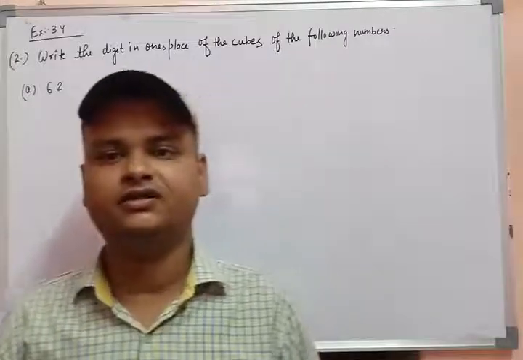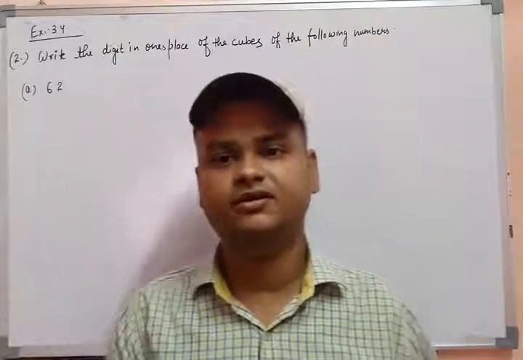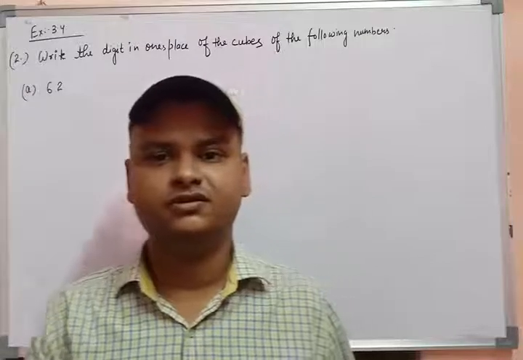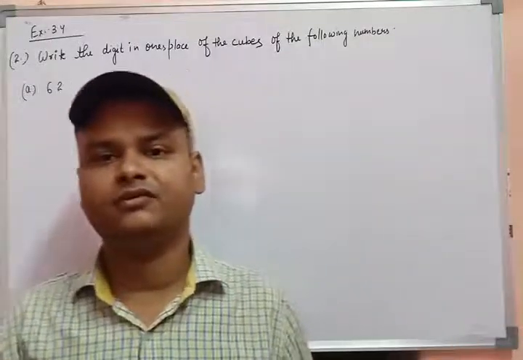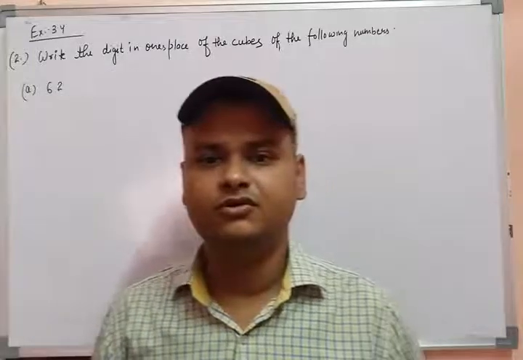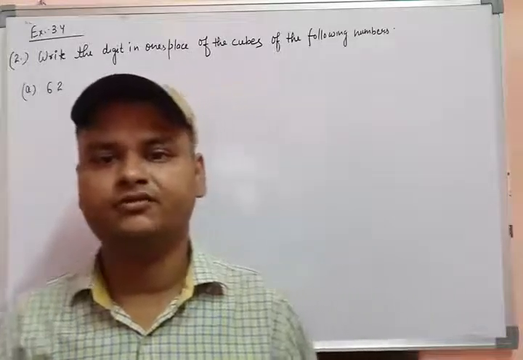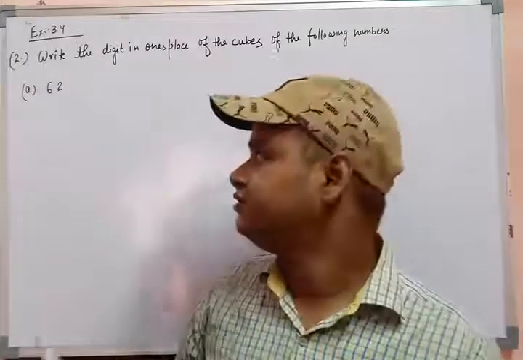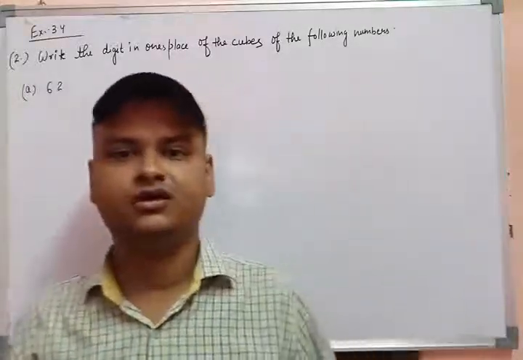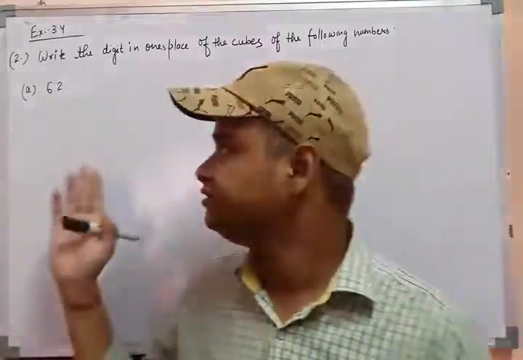How can we say that if one number's one's place is 1, then what is the one's place of its cube? So in the previous video I gave lots of concepts. Now from today we have to use these concepts for solving these types of questions.